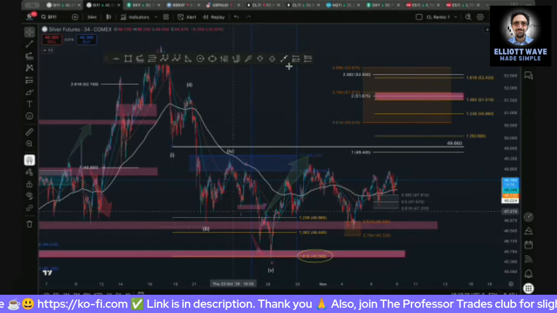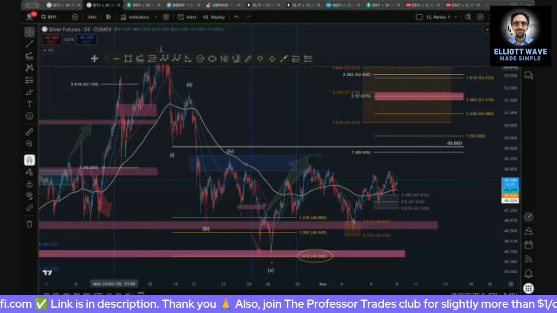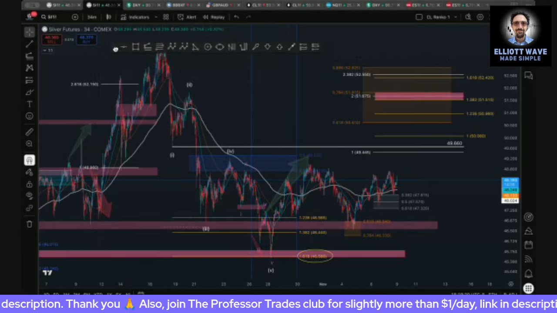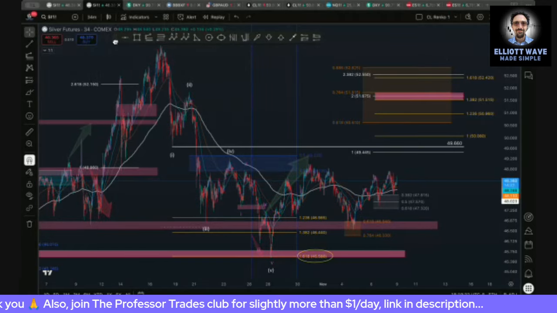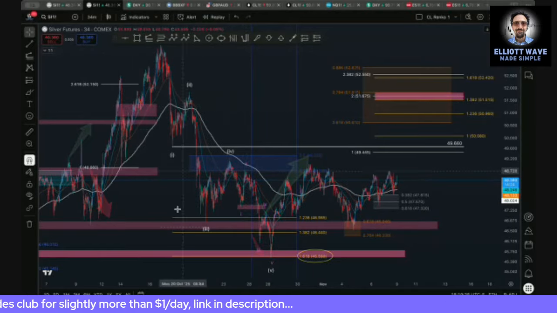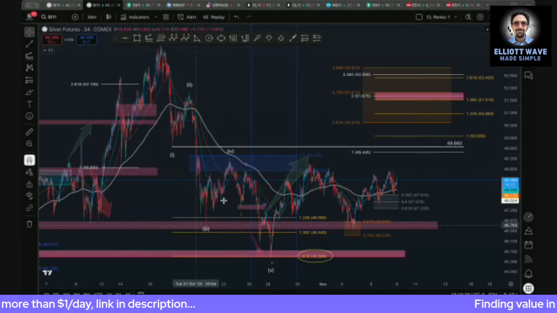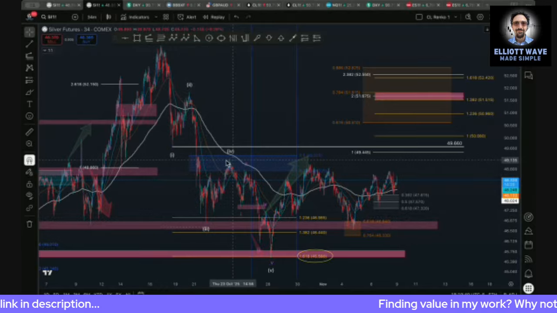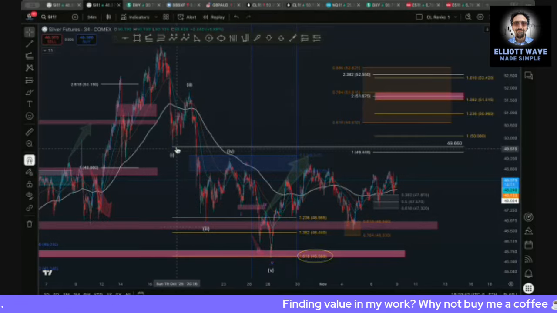All right, so here we go, and first thing I want to talk about is this 5-wave move down, which we call a standard impulse. One of the rules in Elliott wave is that wave 4 may not encroach upon the price territory of wave 1.